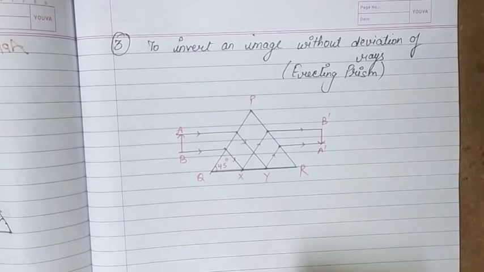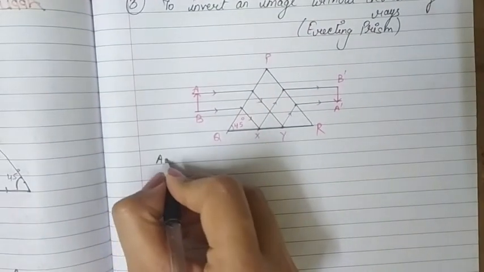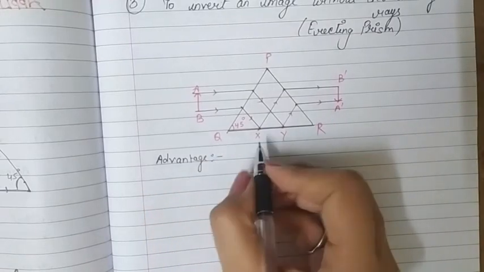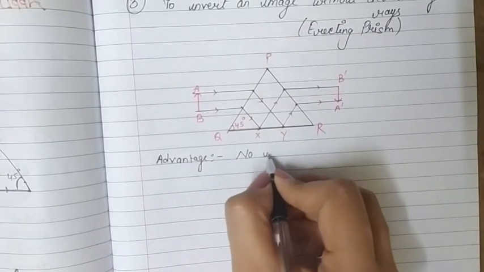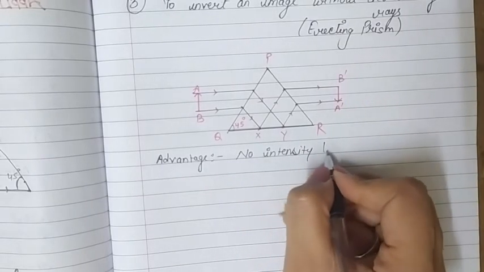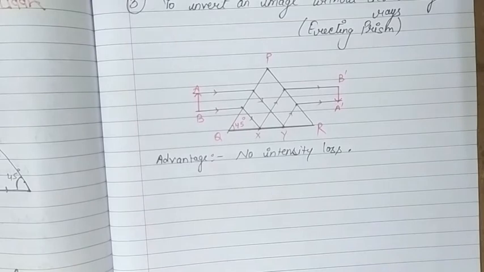So the advantage of this prism over a plane mirror is that there is no intensity loss in the case of the prism, while there is some loss in the case of plane mirrors.